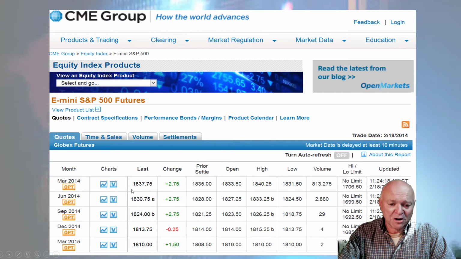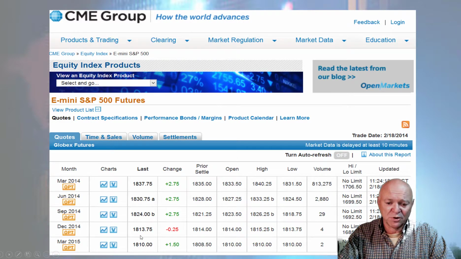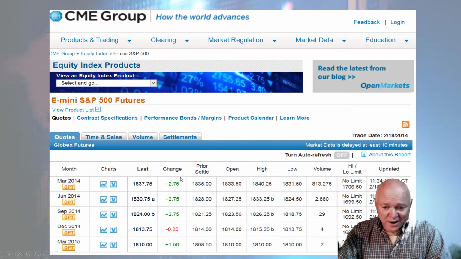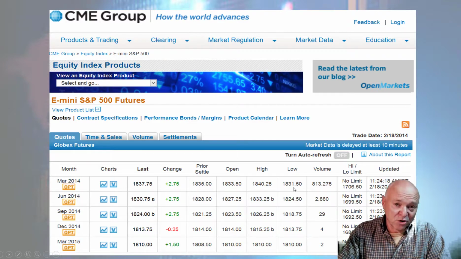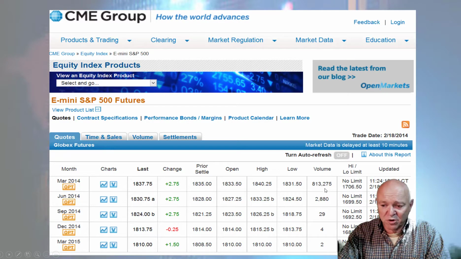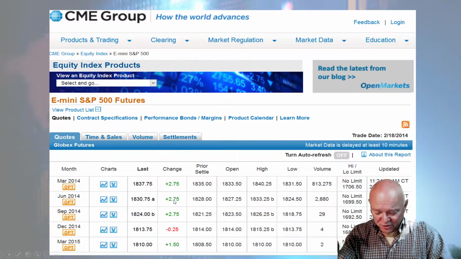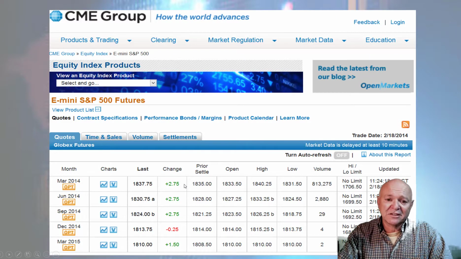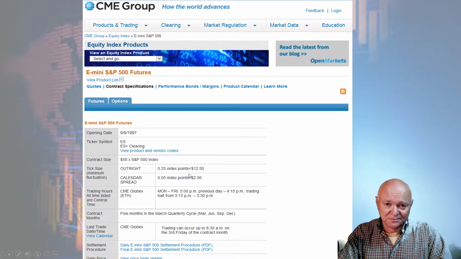It looks like the market felt very poorly about these contracts, because you can see the values fall from 1837 to 1830 to 1824 and so on. They're traded on a regular basis, so I can see the trading activity during the day. I can see the number of contracts that were traded, so there were an awful lot of contracts for March 2014. And I can then click even further into this information and get things like the contract specifications.